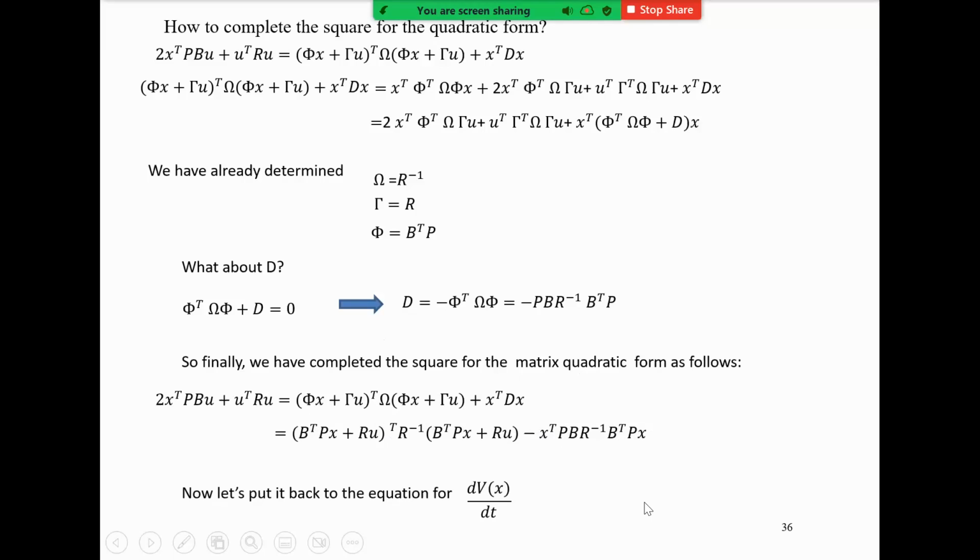Any questions? So when we try to complete a square, we just expand them out, compare with the original one, then we can get those possible solutions.